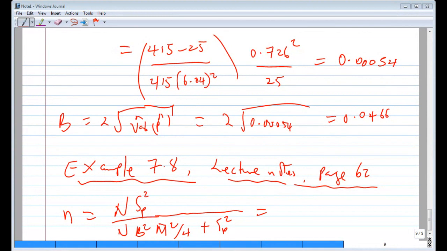I think you have all the information there like we did on the previous example. So it's a matter of just plugging everything in and then you get the result.